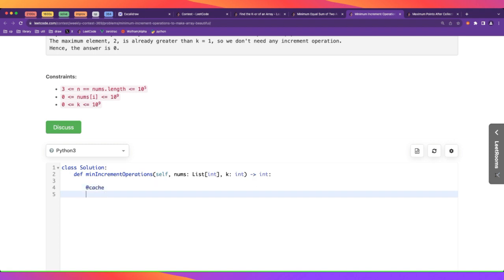We use the cache notation to do memoization. So min increments, with i and the streak, which starts at 0.